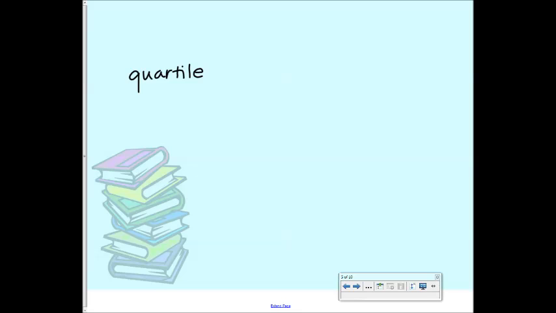A box and whisker plot essentially is just going to take those quartiles and put them onto a number line. So if we have data, let's say we're talking about the amount of TV that people watch during the week.